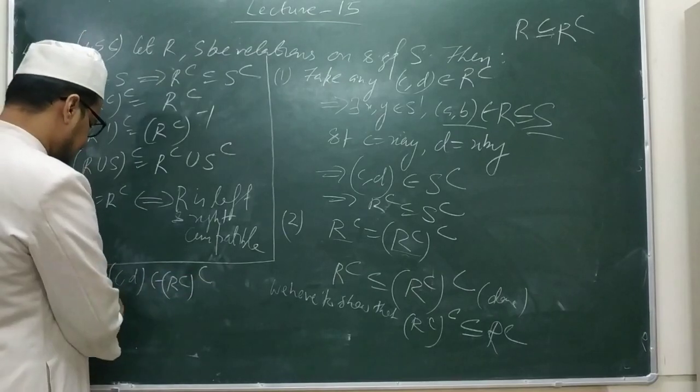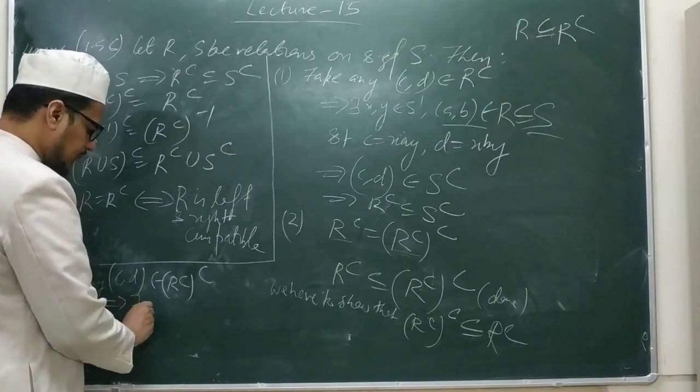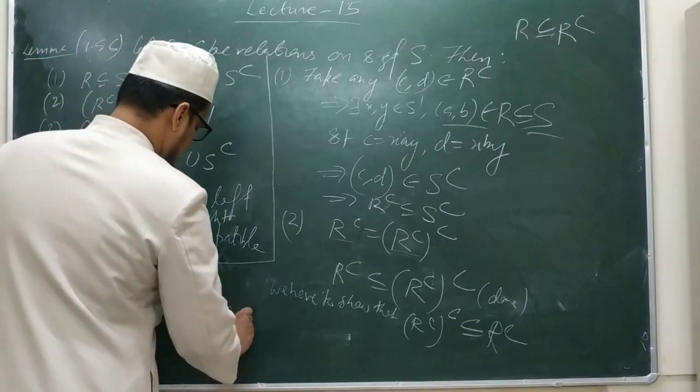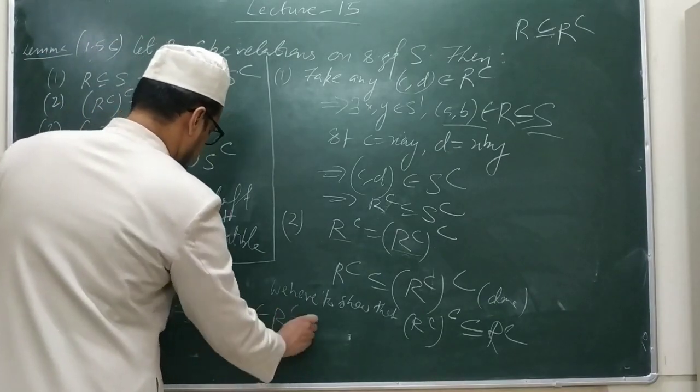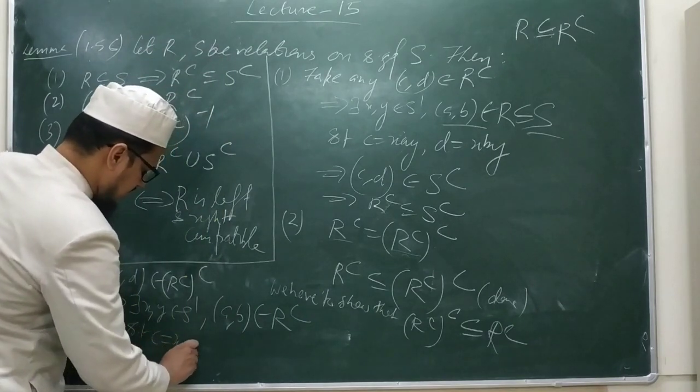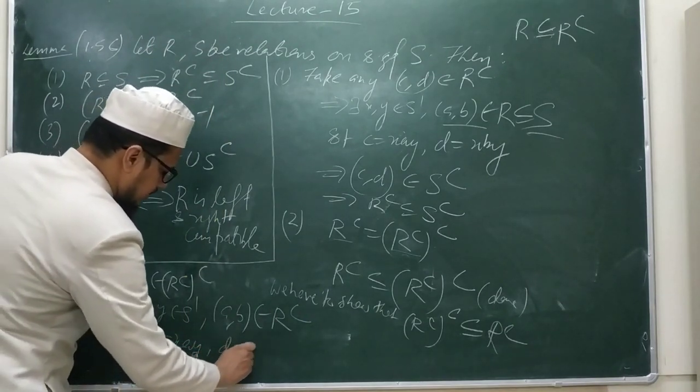It implies that there exist X, Y belonging to S1 and A, B belonging to RC such that C is equal to XAY and D is equal to XBY.